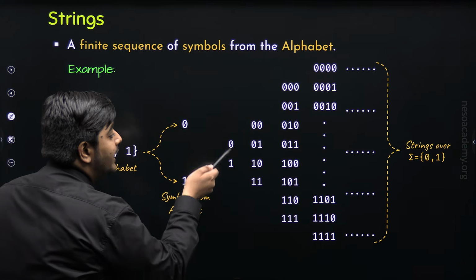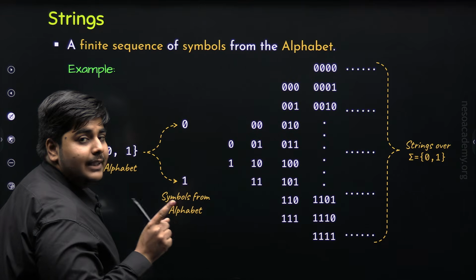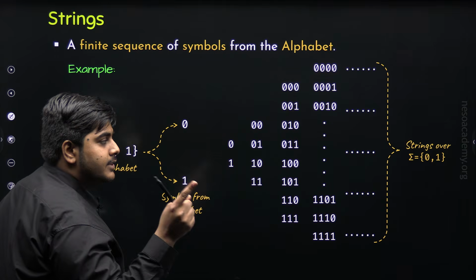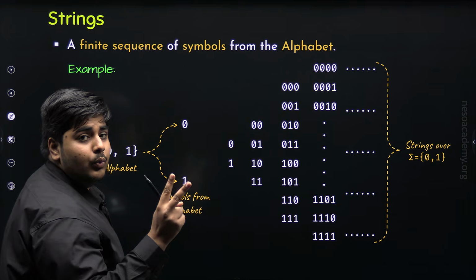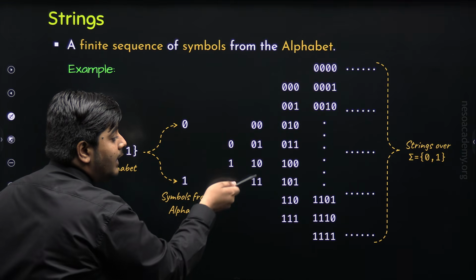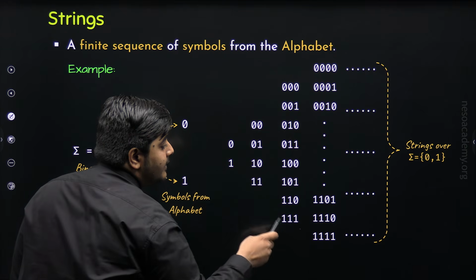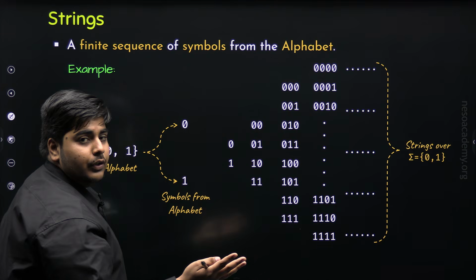These two strings have only one symbol, that is why the length of these two strings will be 1. Similarly, the length of all these strings will be 2, because each of these strings contains only 2 symbols. The length of these strings will be 3, and the length of these strings will be 4.